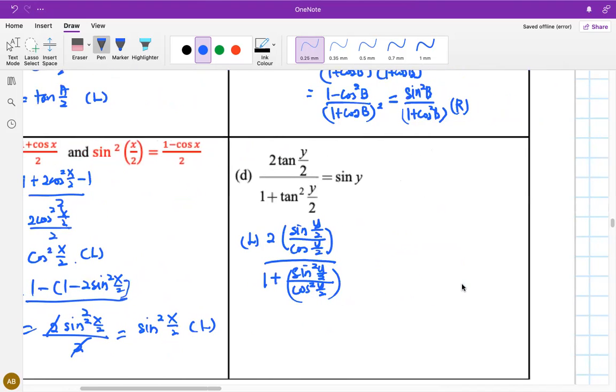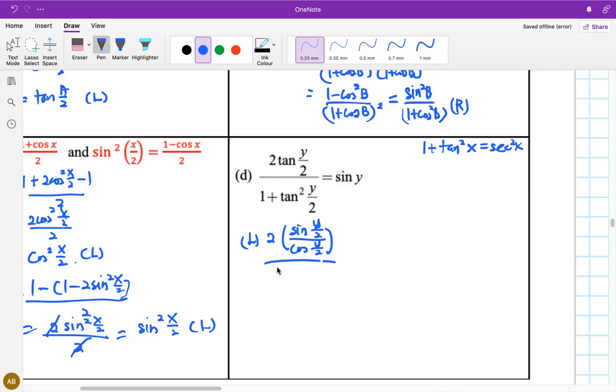Okay, so here's wrong. We don't need to use this, forgive me. So this one is 1 plus tangent square y over 2. You can use the identity: 1 plus tangent square x becomes secant square x.